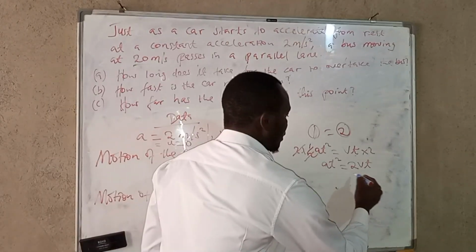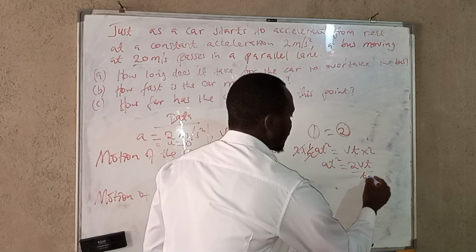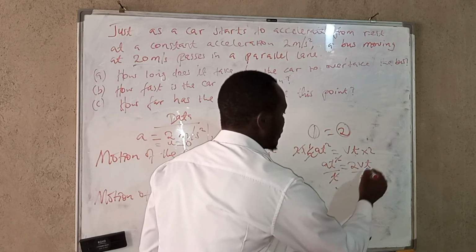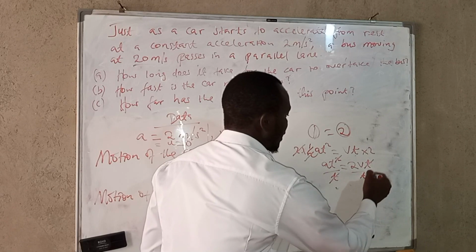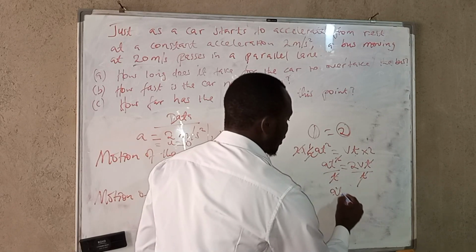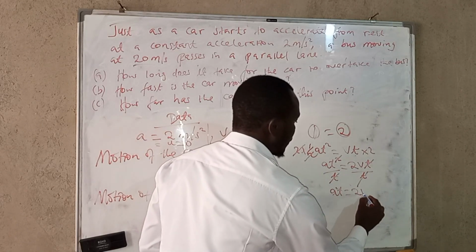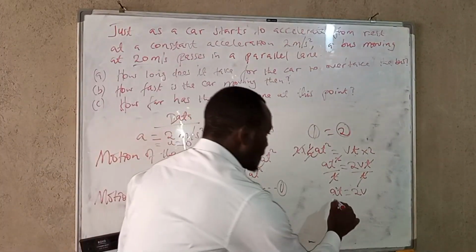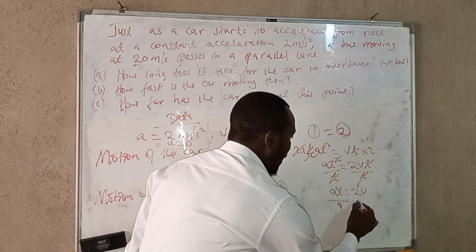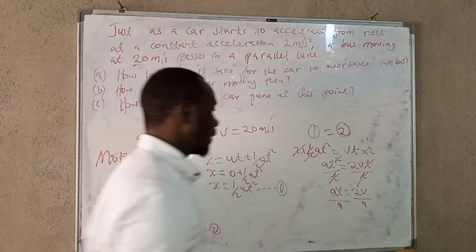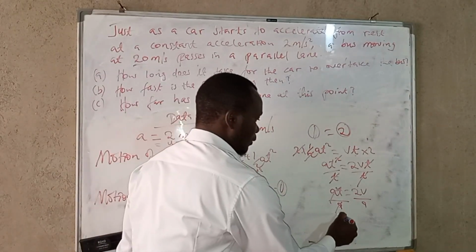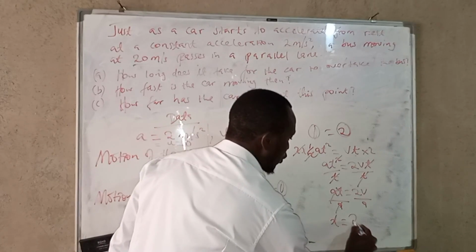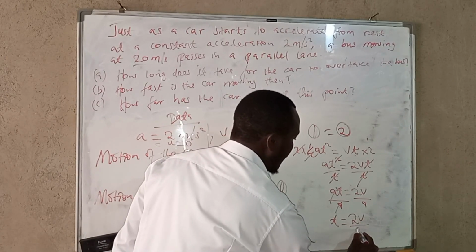We can divide through by t so that we have at is equal to 2v. From this point, we can divide by a, and what we're going to have is t is equal to 2v over a.